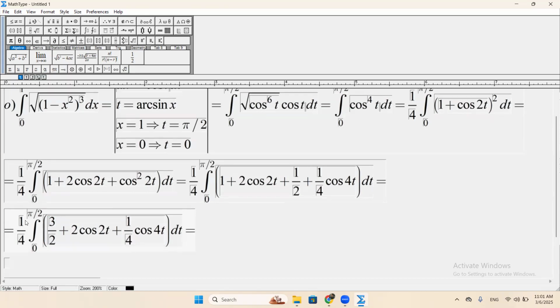Using the Newton-Leibniz formula now: 3 over 2 t plus sine of 2t, plus 1 over 2 plus 1 over 8 sine of 4t.